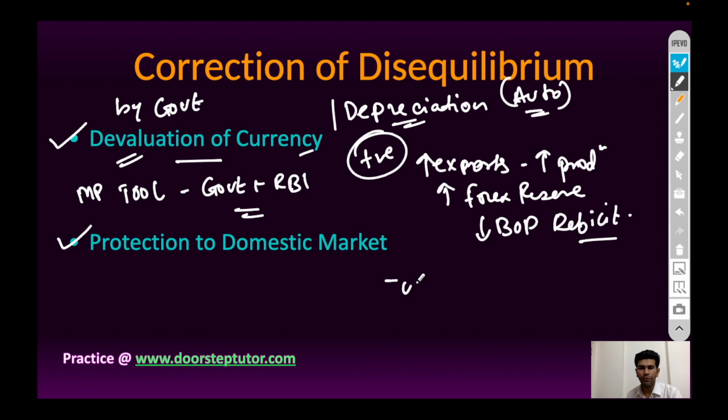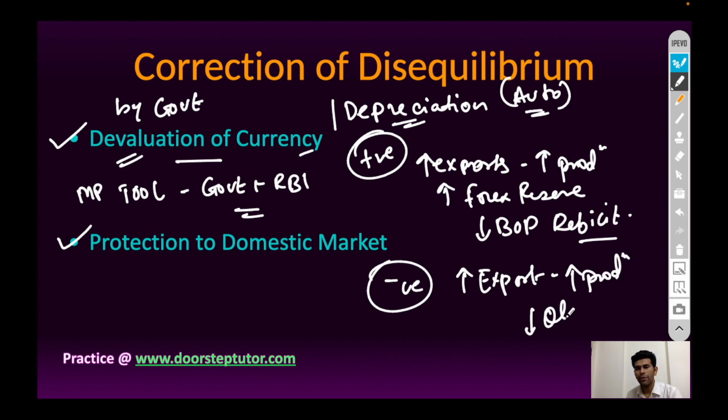And what are the negative impacts? If exports increase, producers will produce more, but they will not focus on the quality of goods. And this is not a long-term solution. This can be done for short-term purposes, but it is not possible for the long term.